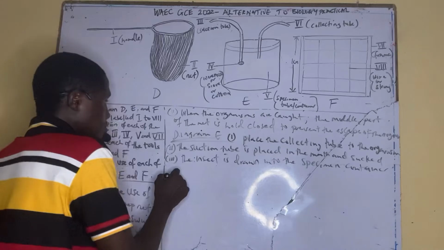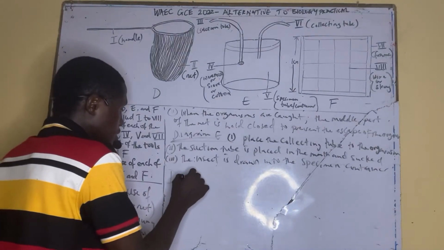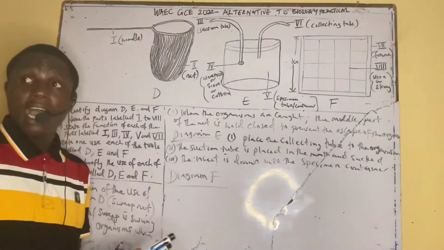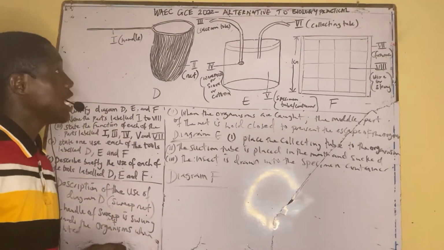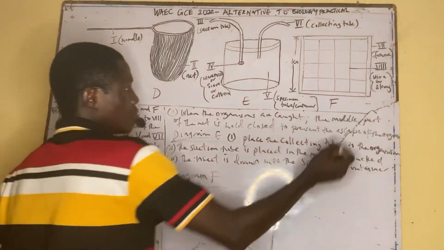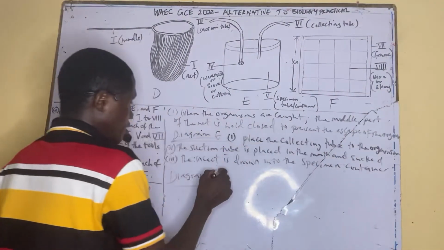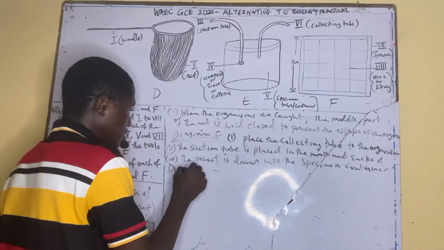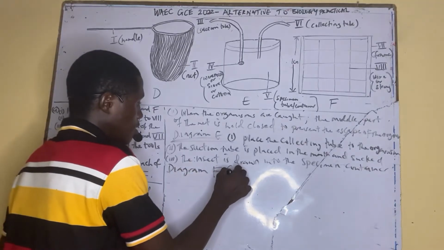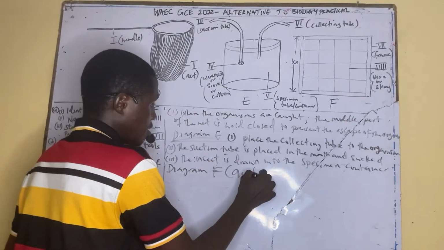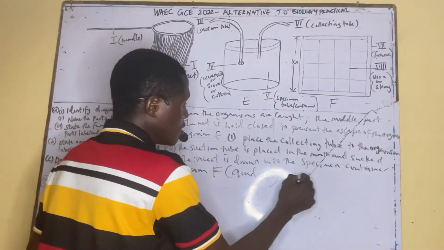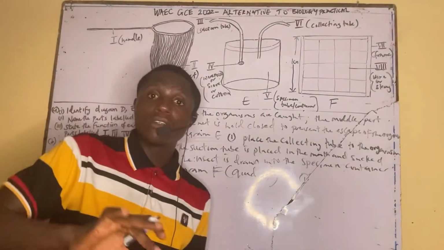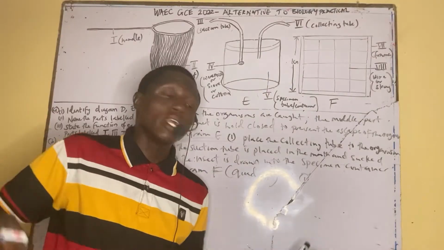So now the last one, which is diagram F. How do you use diagram F, which is the quadrant? The first thing is to throw the quadrant randomly on the sample area.